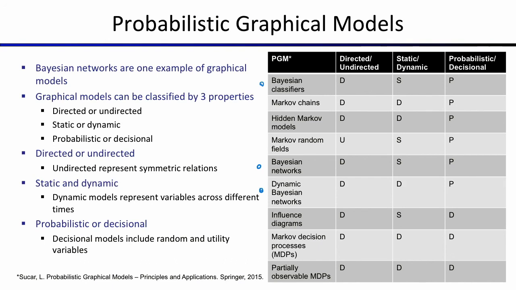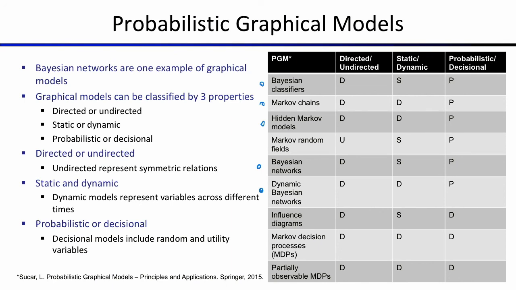These methods here, like the Markov chains and the hidden Markov models, these are dynamic methods. They also change with time. The Markov chains are very simple. It's just a chain, it's just a sequence of nodes, and we are interested in understanding what's going to be the final distribution. That's how the distribution changes with time, and it's going to converge to a final distribution.